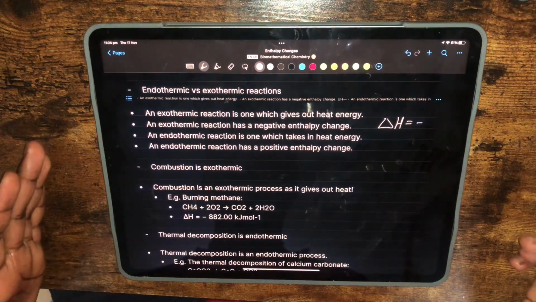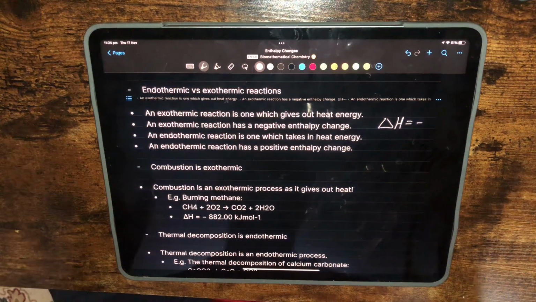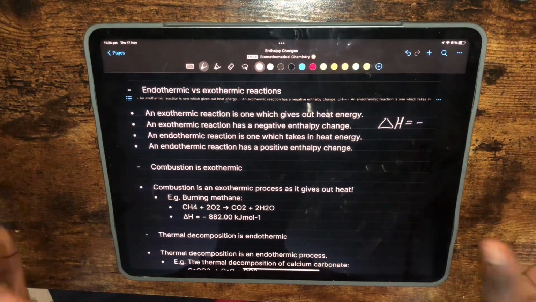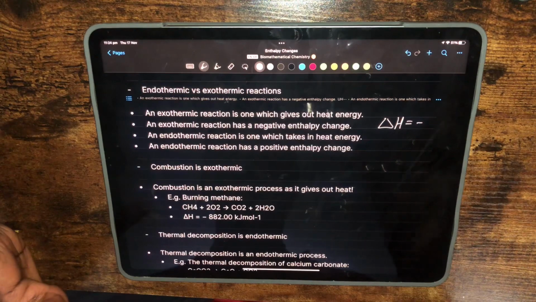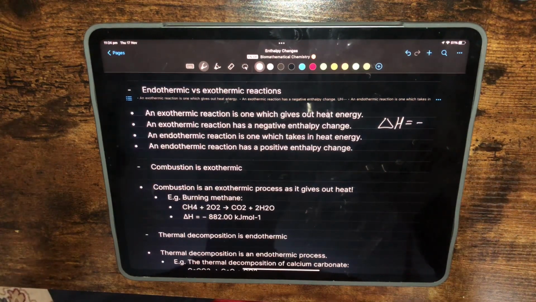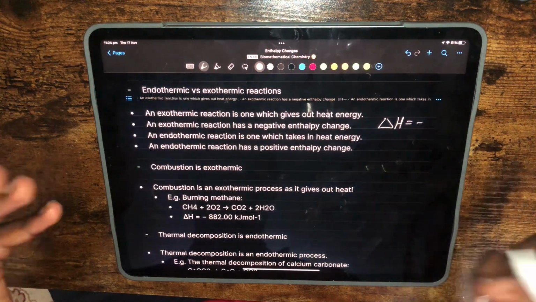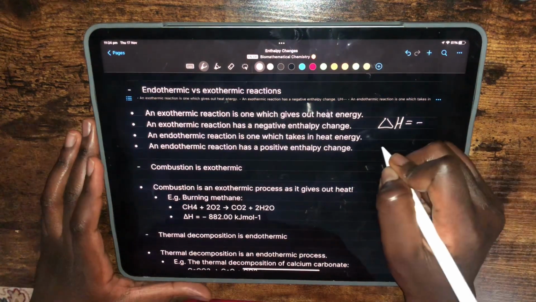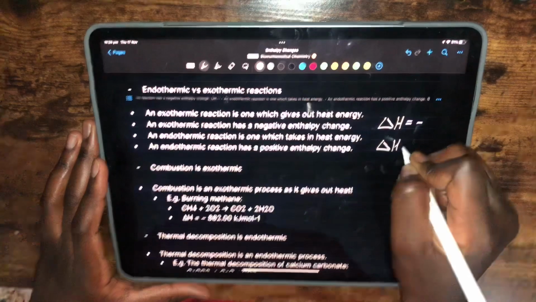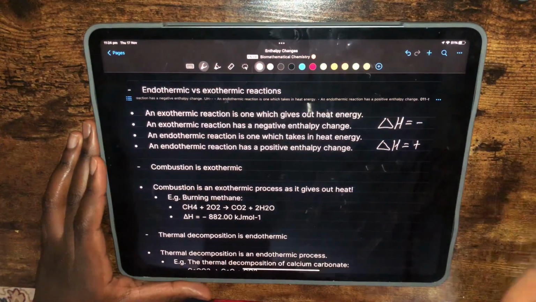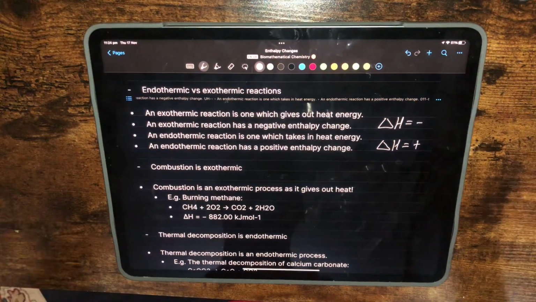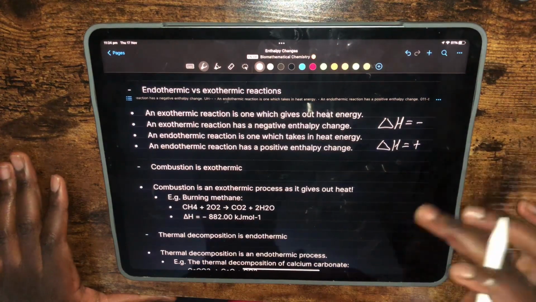Whereas in an endothermic reaction, there will be some exothermic steps, but overall the net enthalpy change is more positive. So more energy is going into the reaction than leaving the reaction. We say it has a positive enthalpy change or positive energy.